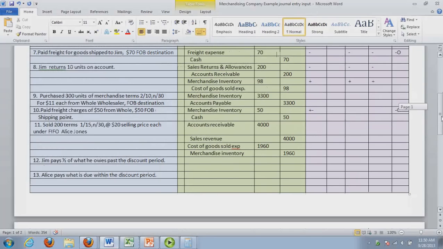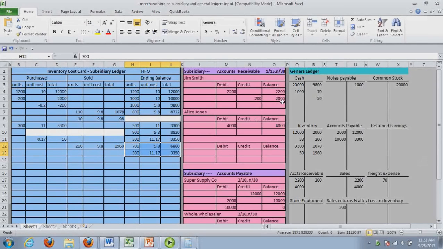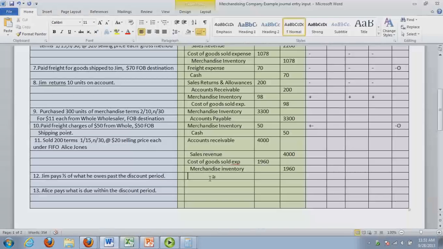Okay, now Jim, the other customer, pays half of what he owes past the discount period. If you remember Jim, and we shouldn't be looking at journal entries for Jim, we should be looking at the subsidiary. Jim owes us $2,000. And there's no discount, so he should be paying us $2,000. So let's do that.